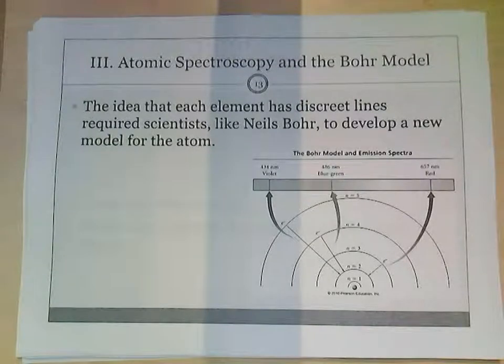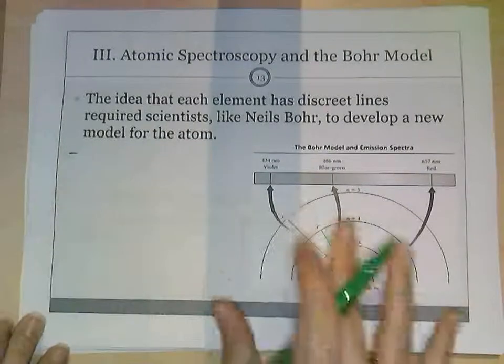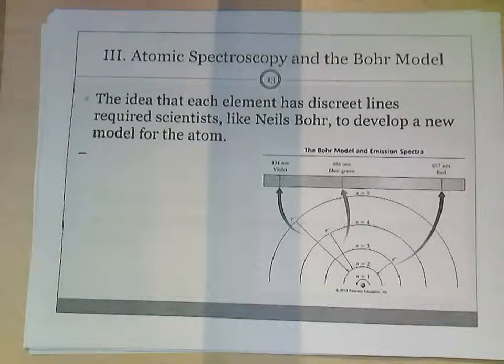Right, so at the time we had that kind of mushy model where there were electrons out there, and definitely the protons and neutrons were in the center, but the electrons could be anywhere in the vicinity of the nucleus. But because there are discrete lines, it must mean that there are certain places the electrons always are. Right? They can't just be willy-nilly everywhere. We have to come up with a model that tells us that electrons can only be in certain spots.